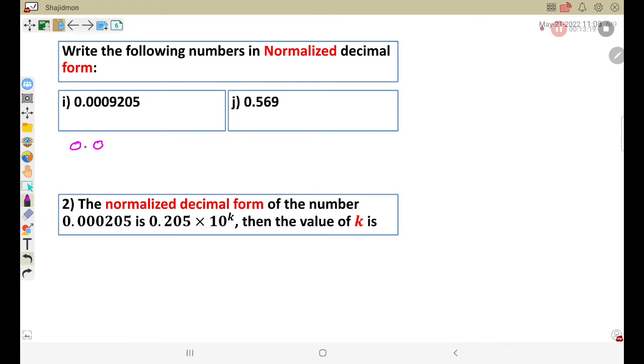We cannot write 0 here, correct? So see, this 0 we cannot write, because the first digit should not be 0. So we start from the number 9, the first number 9 is okay, because 0 we cannot write. So 0.9205, multiply 10 power.